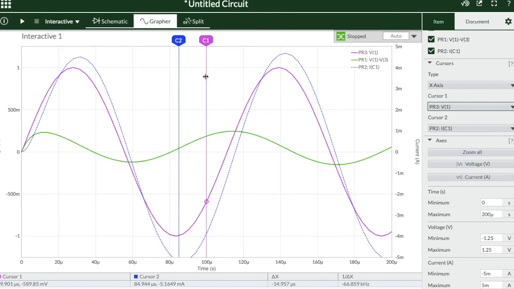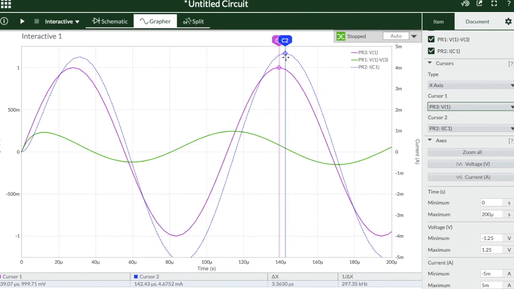Here I have selected cursors for Vs and current in the circuit. Let me keep this cursor at the peak point of Vs. The peak value is 99.71 millivolt, and will keep the cursor for current also at its peak value.